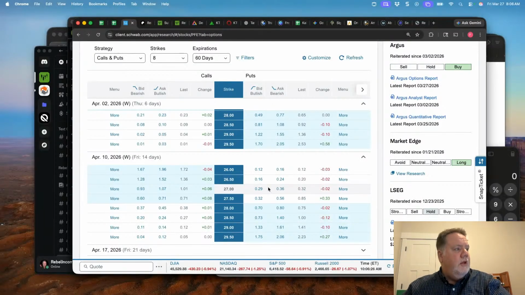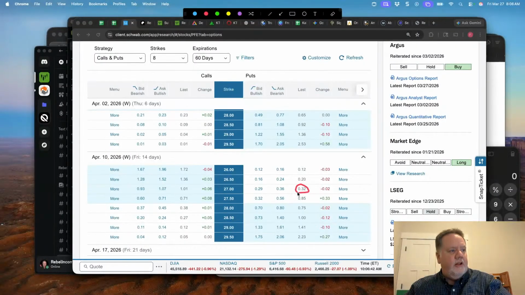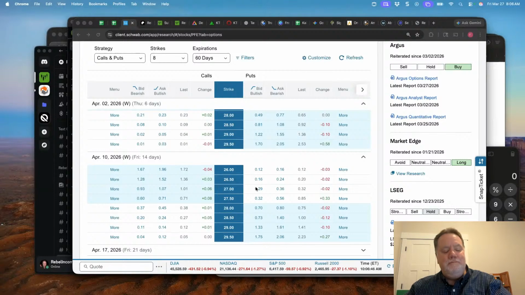So, as always, I'm going to let this play. I'm not turning a blind eye to what the market is doing, but I am willing to let this continue to play out. The last trade is exactly 32 cents. So that's interesting.